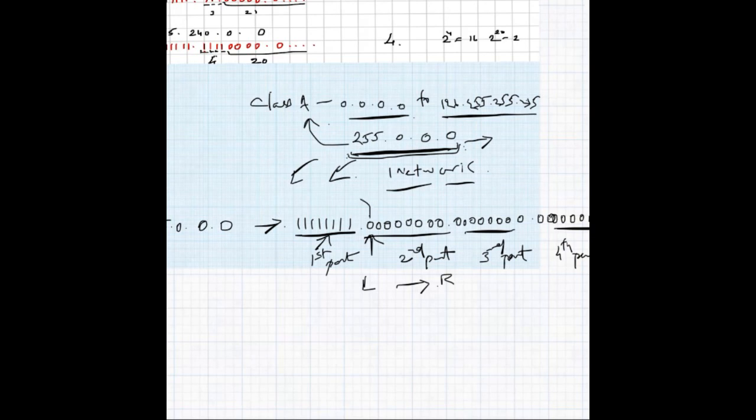We borrow and move them into the host network portion. So this is the network portion and this is the host portion. These are all the host portions. This full length is the host portion.